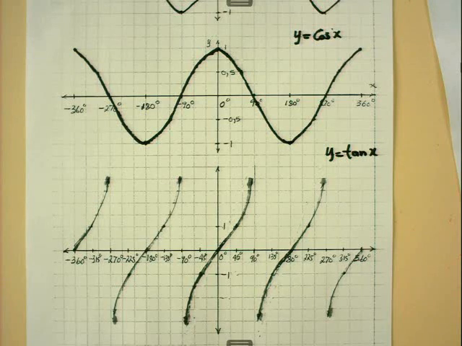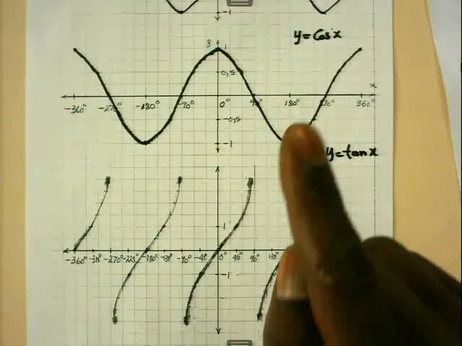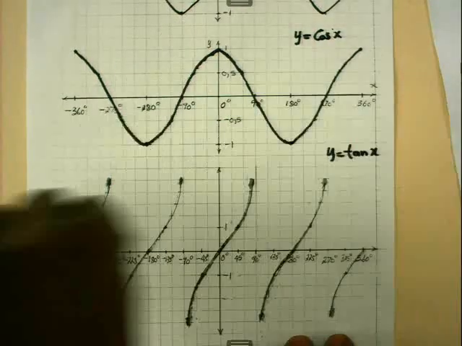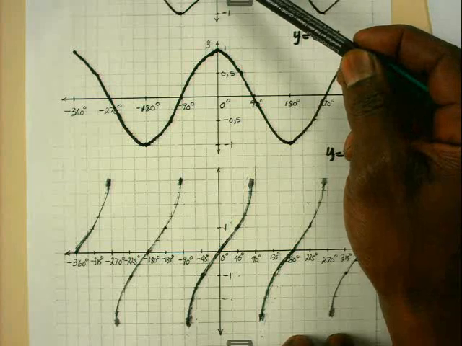Why do we need the general solution? It's because if we consider the graph of sine x, you see the pattern goes like this. We are having the y value as 0 here.